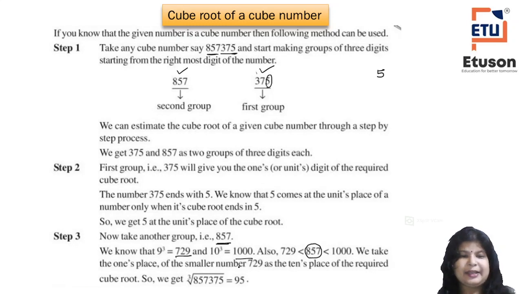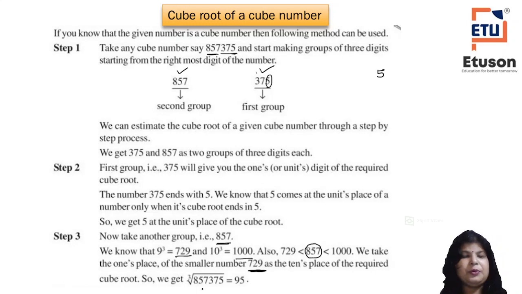So we take the ones place of the smallest number, that is 729, as the tens place of the required cube root.